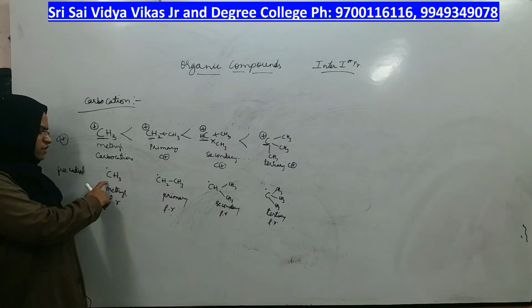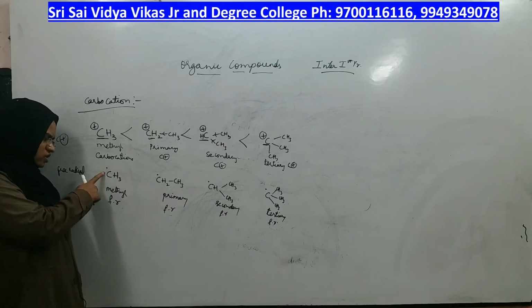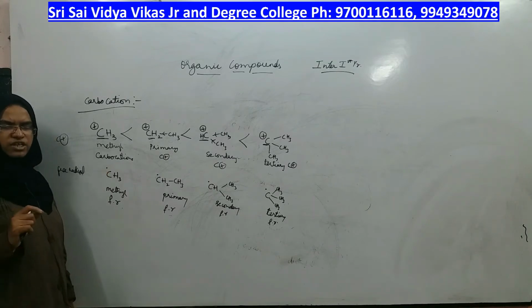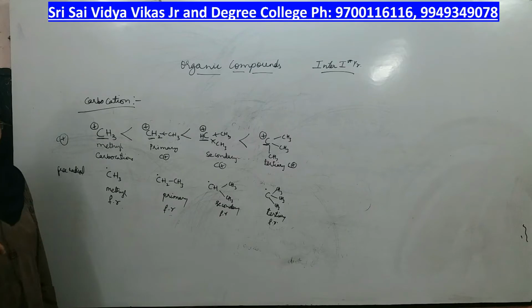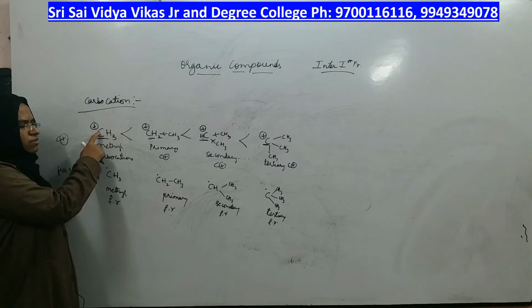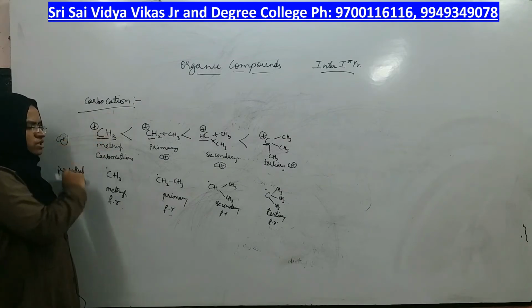So in methyl free radical, there is electron deficiency on the carbon. As I already told you, every carbon should have 4 bonds. That means it should be surrounded with 8 electrons, right? Here this carbon is surrounded by only 6 electrons, therefore a positive charge.